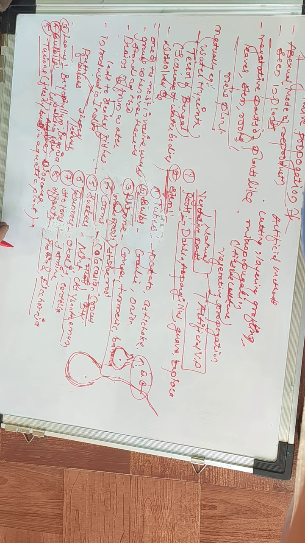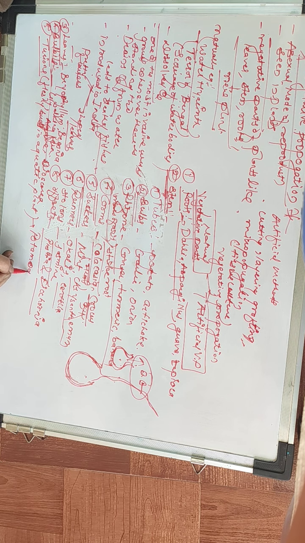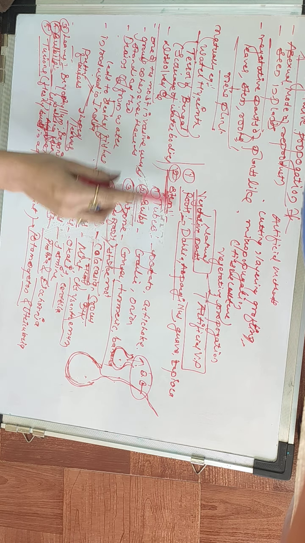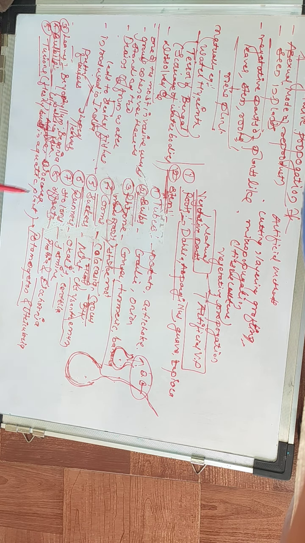An example is Potamogeton, and one more is Utricularia. These are the two examples of turions. So all these are vegetative parts: root, stem, leaves, bulbils, turions. From them a number of plants are developed.